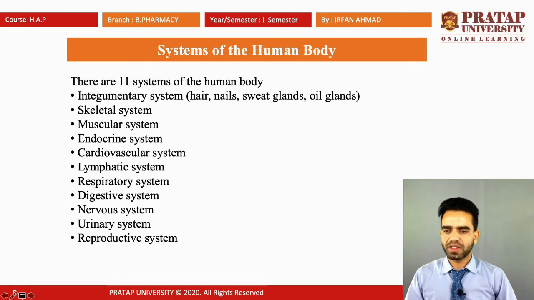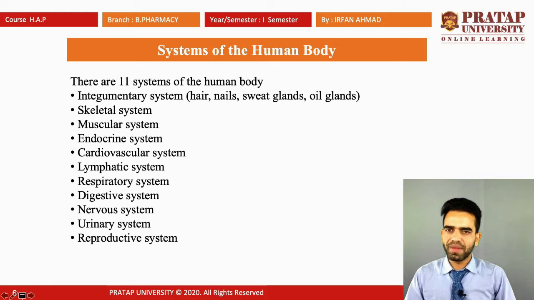And the reproductive system has a male reproductive system and a female reproductive system. The male reproductive system consists of various parts like testes, penis, etc. And the female reproductive system consists of ovaries, fallopian tubes, and so on.